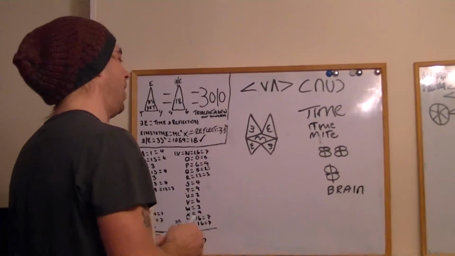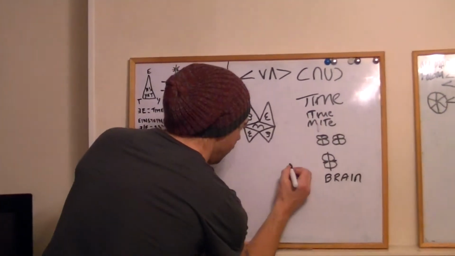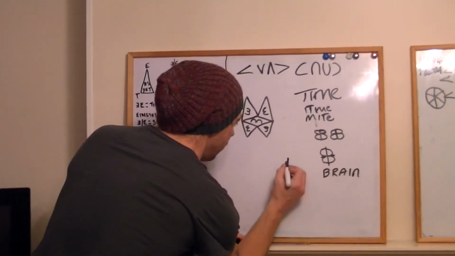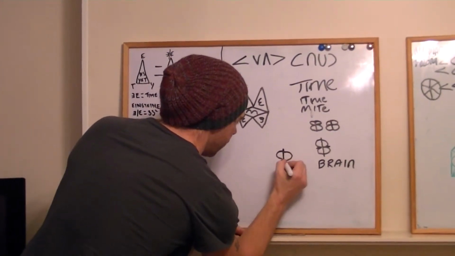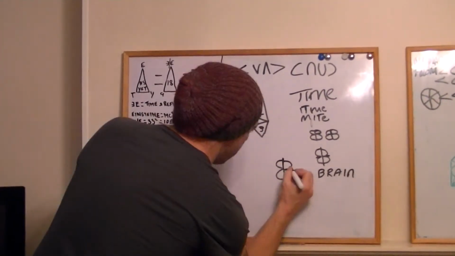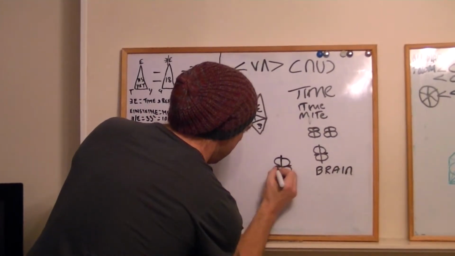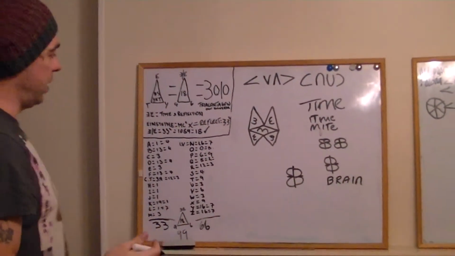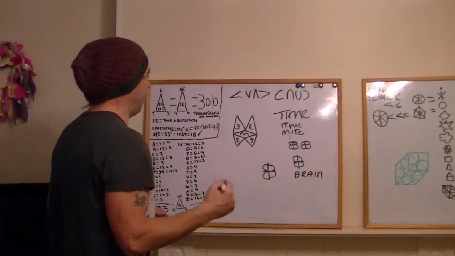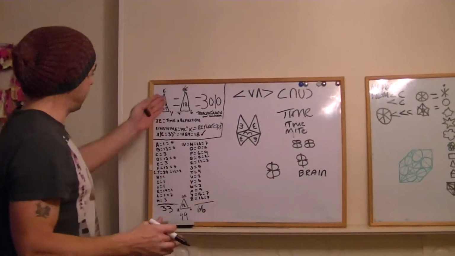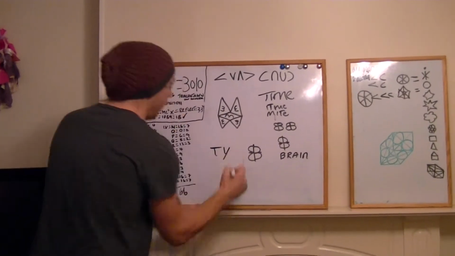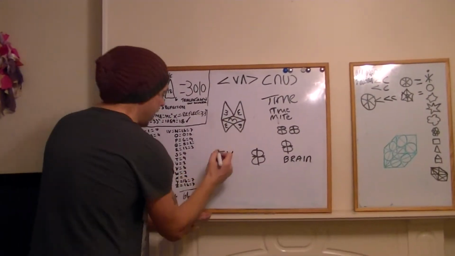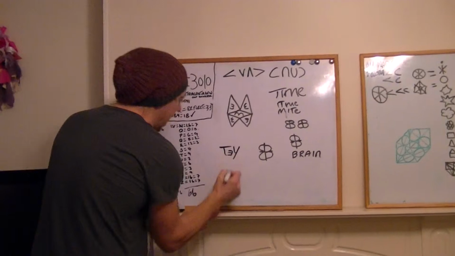Now it gets even cleverer. So we can take our lovely symbol, which we now know is the symbol of our brain and the symbol of time. Let's make it a bigger one. Right, so we've got that symbol. Now we know that the first letters, as I've showed you before, of T and Y, they're a reflection of each other, and E was our first one, giving us yet.